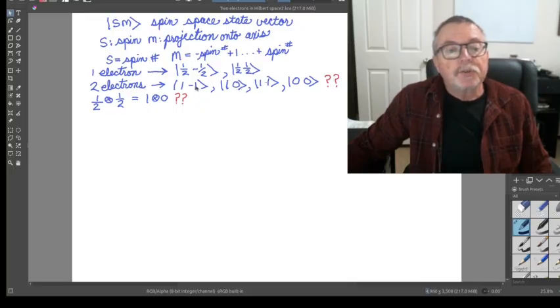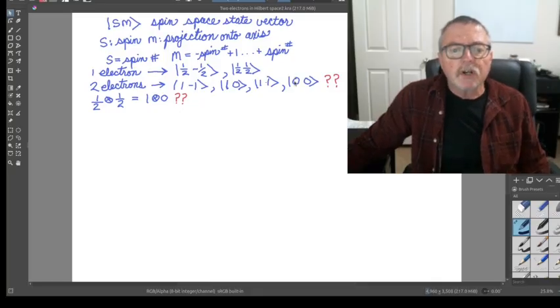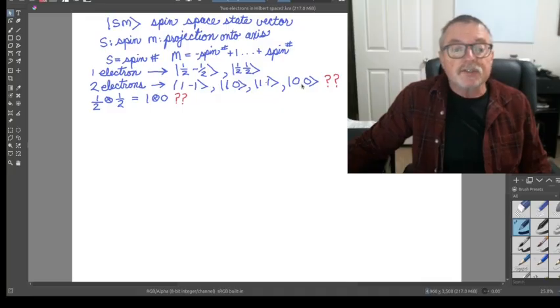So there are 3 separate states. And if we start with 0, well, there's no place to go. You're 0. Because you're already at this, there is no negative 0 or positive 0. So those are the 4 unique states for 2 electrons. And if you think about it, 2 electrons, all the different spin configurations, that will give you 4 different states.